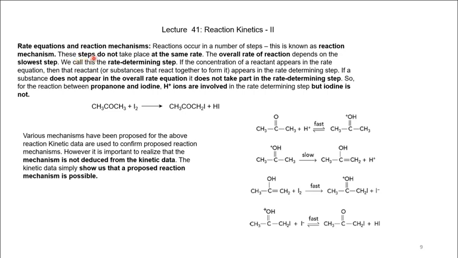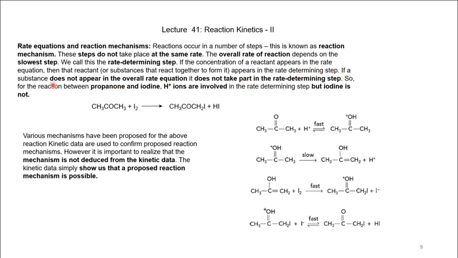These steps do not take place at the same rate. Do you remember? Some could be fast, some slow, some medium. The overall rate of reaction depends on the slowest step. The slowest step we call the rate determining step. If the concentration of a reactant appears in the rate equation, then that reactant appears in the rate determining step.